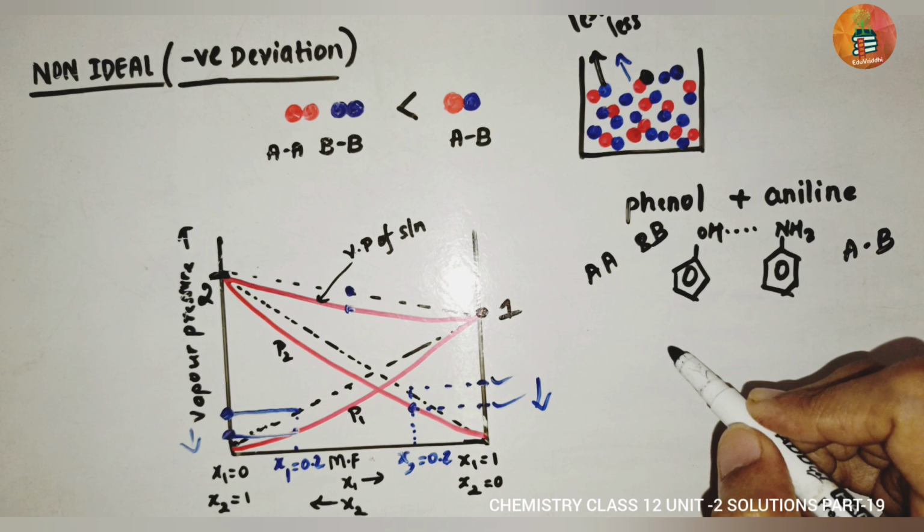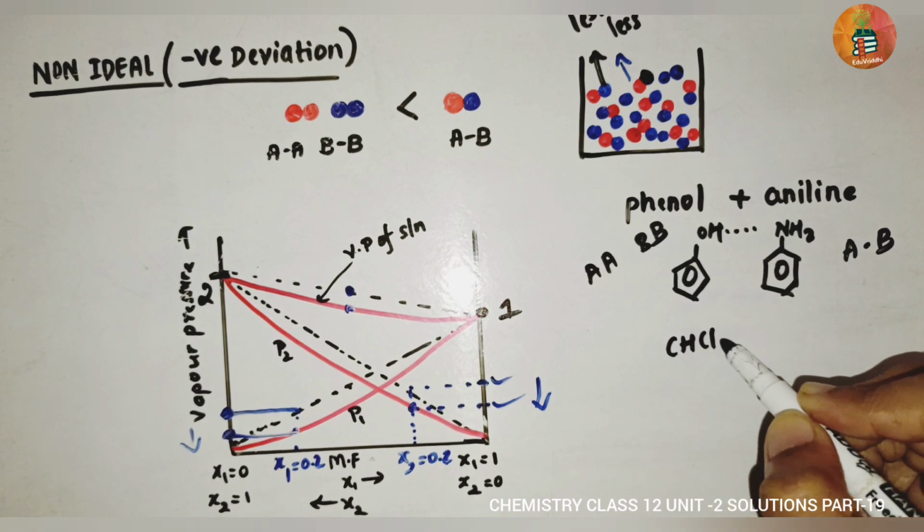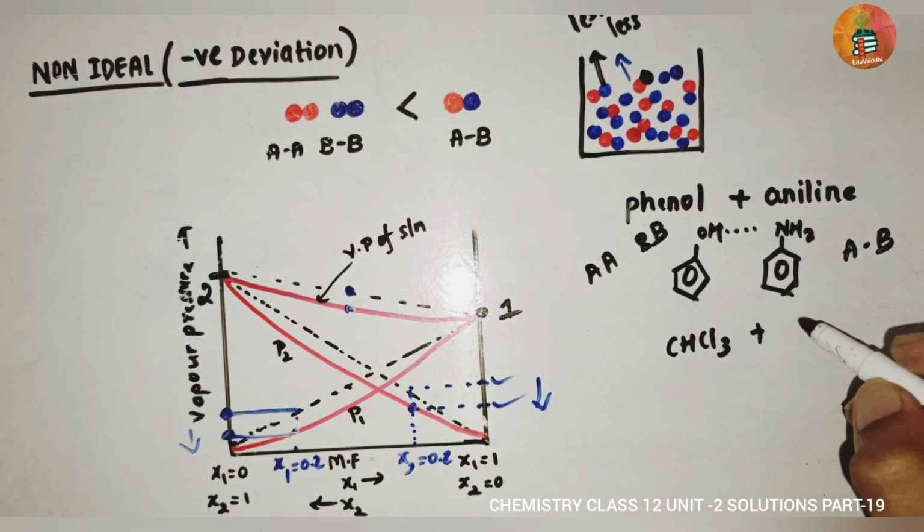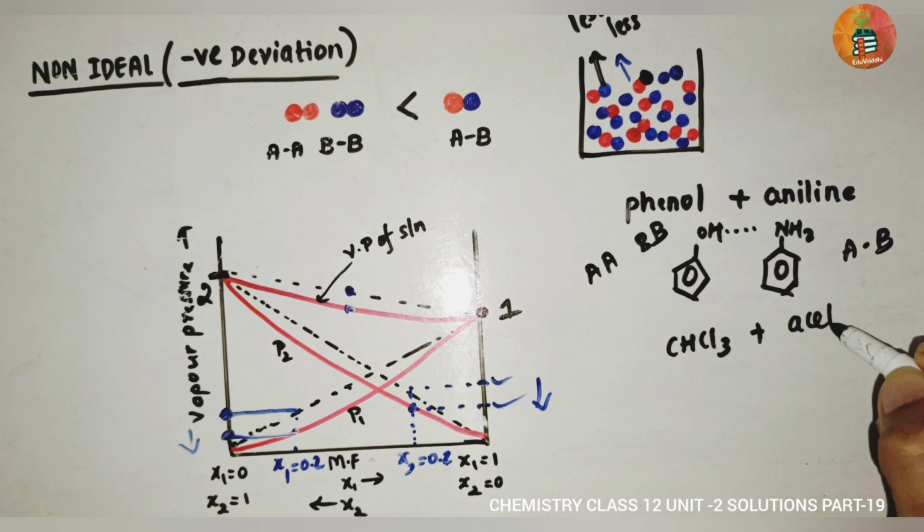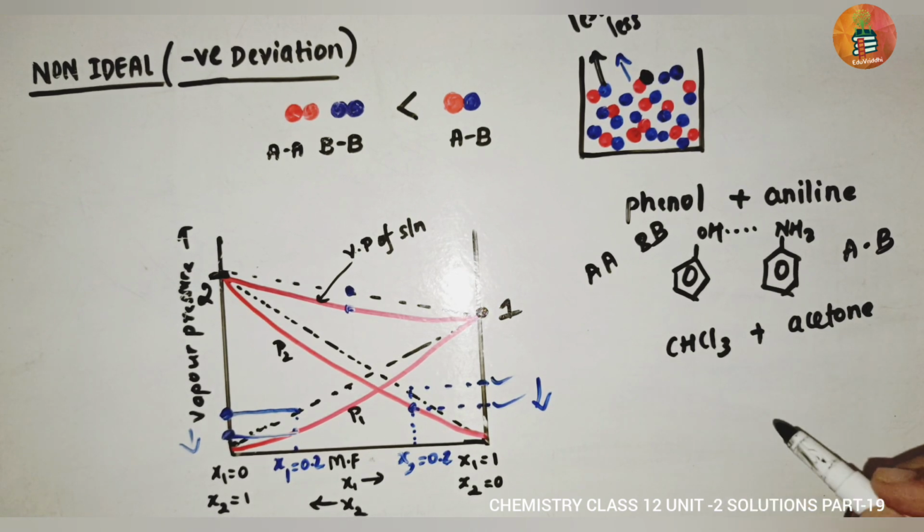And also another example is chloroform and acetone. This mixture also shows negative deviation from Raoult's law. So here also there will be hydrogen bonding between the hydrogen of the chloroform and the oxygen of the acetone.